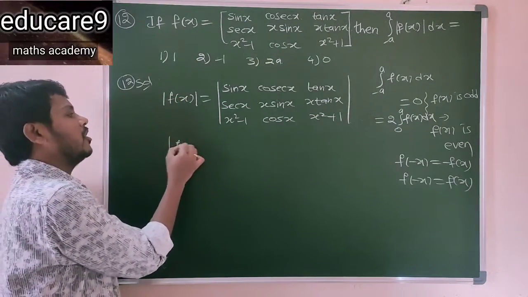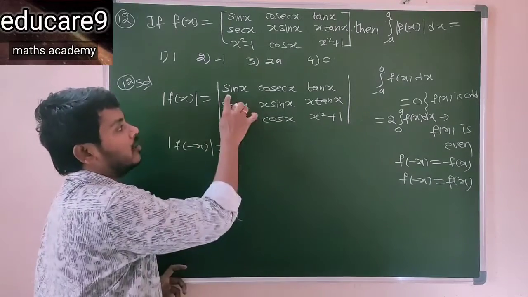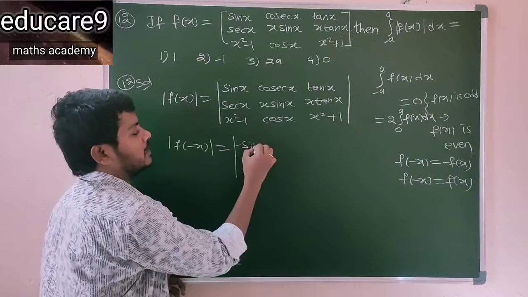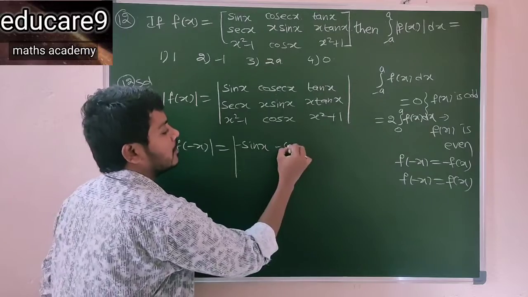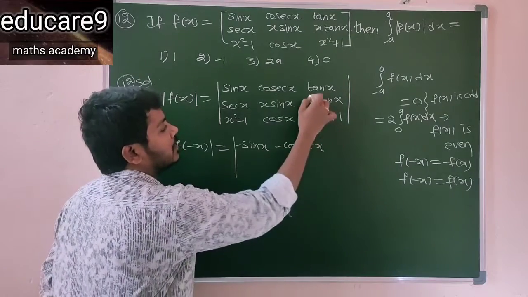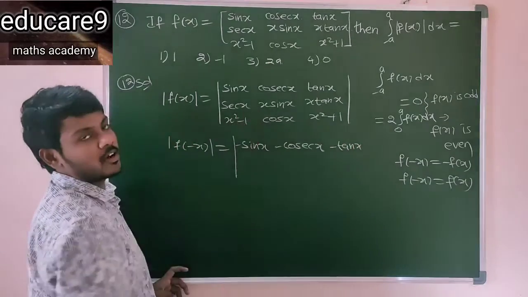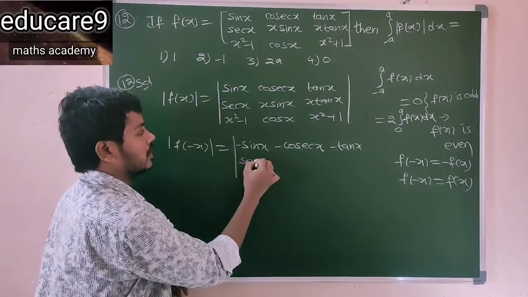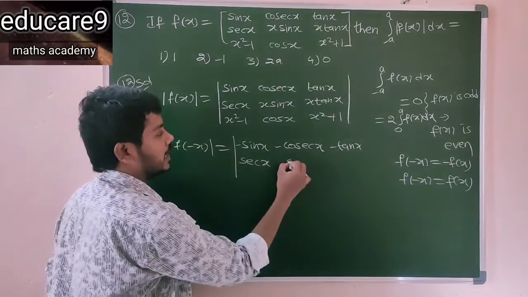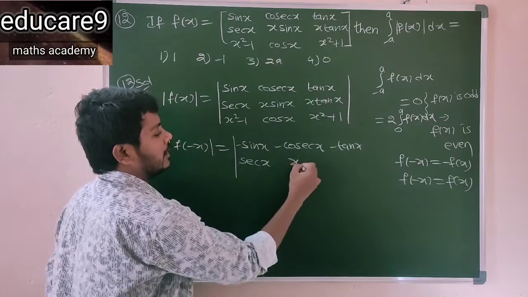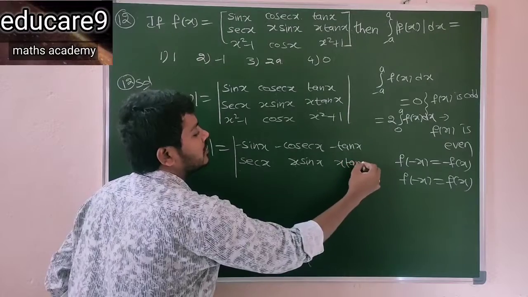Now find f of minus x. sin of minus x is minus sin x. cosec of minus x is minus cosec x. tan of minus x is minus tan x. secant of minus x is secant x. Minus x, sin of minus x, you will get x sin x. And here x tan x.